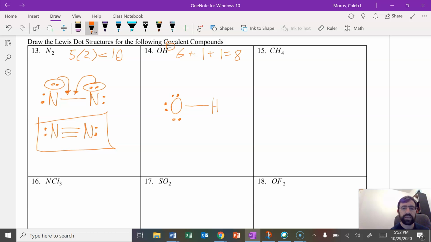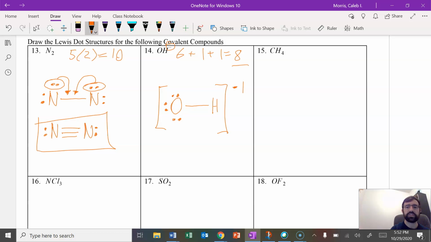Hydrogen is happy because it's got 2. Oxygen is happy because it has 8. We used up all of our electrons. There are no leftovers. We just need to put it in brackets and write -1 because this is a negative polyatomic ion.